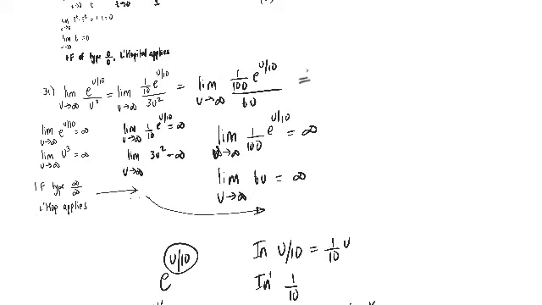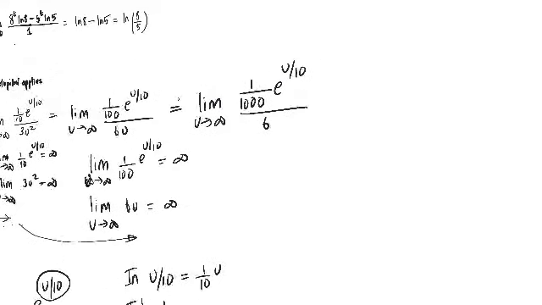And I think this is the last time, because you can see, if you have this u cubed in the bottom, it's going to keep on being infinity until you get it down to a number, right? So in this case, now I get (1/1000) e^(u/10) over 6. And so finally, my top now is going to infinity and my bottom is going to 6. So this can be clearly said to be infinity, right?